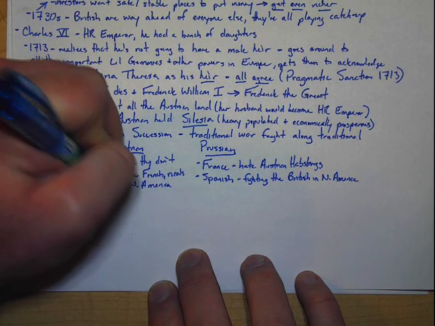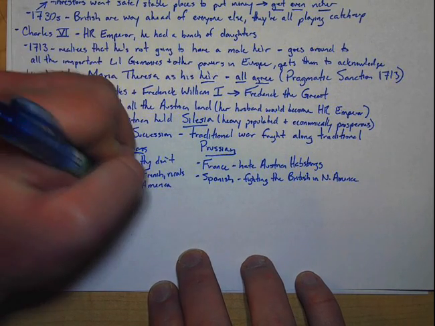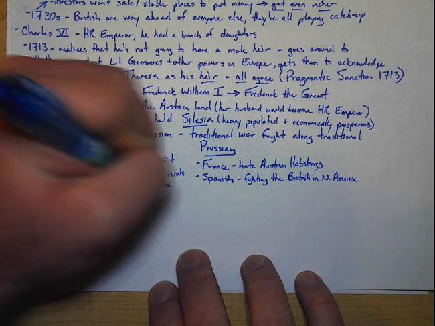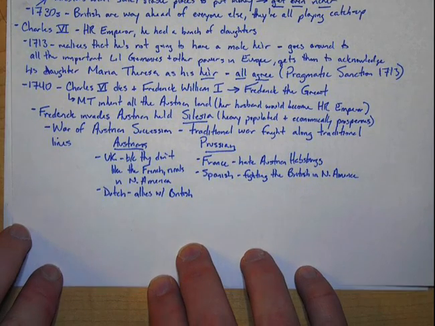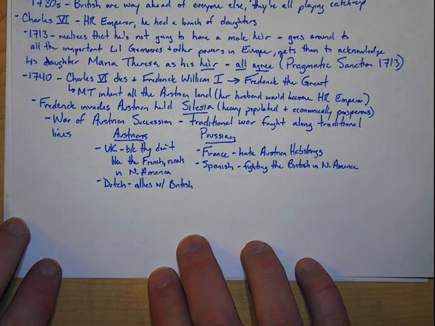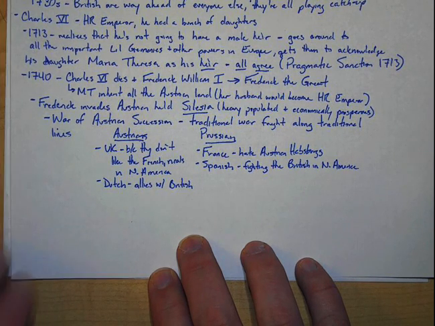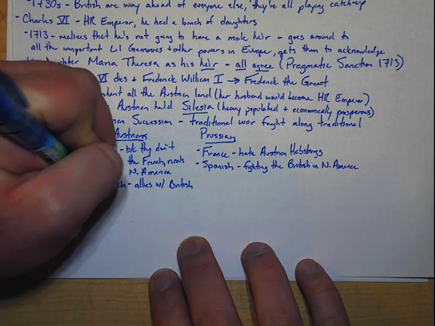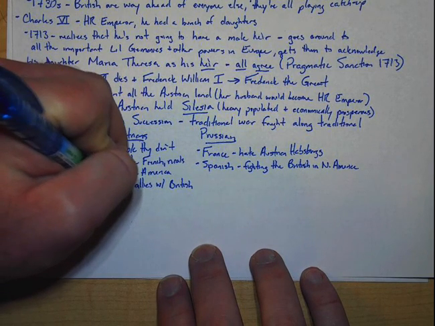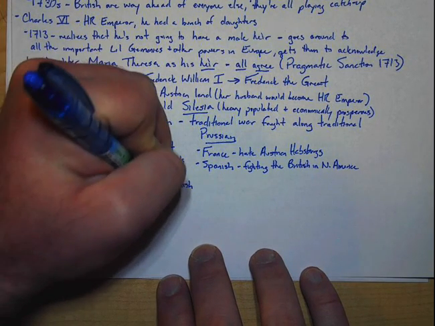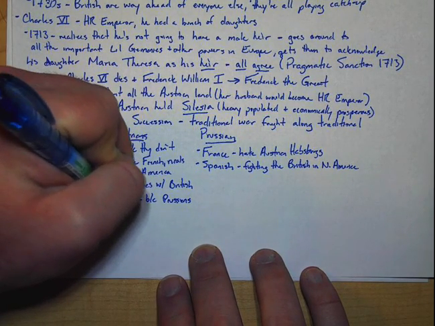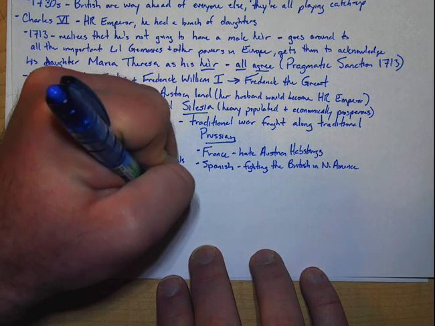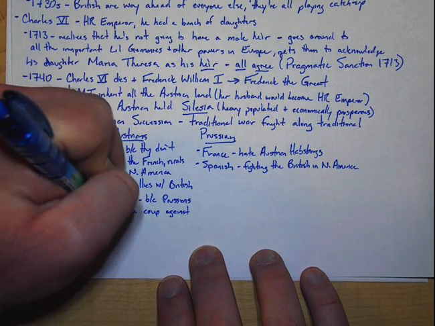The Dutch join the Austrians because they are allies with the British. The Russians pretty much stay out of this war, but they join up with the Austrians because the Prussians launched a coup against the Russians.